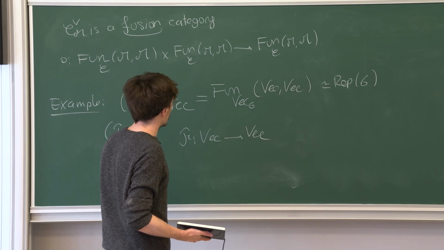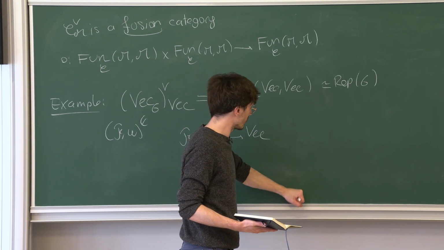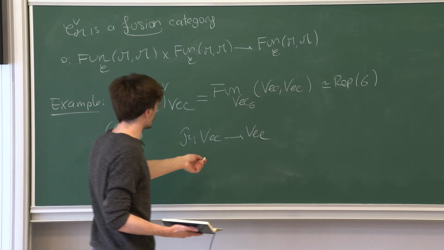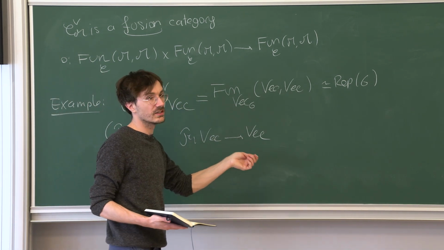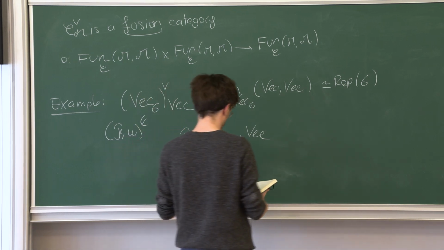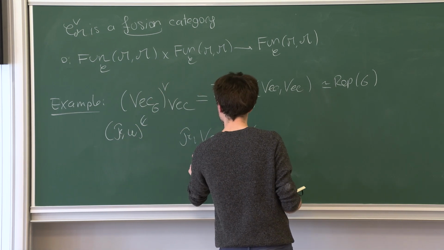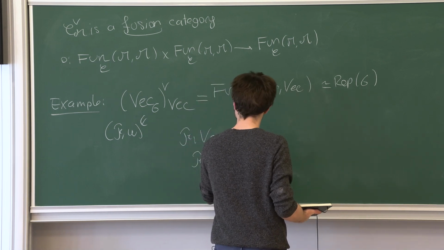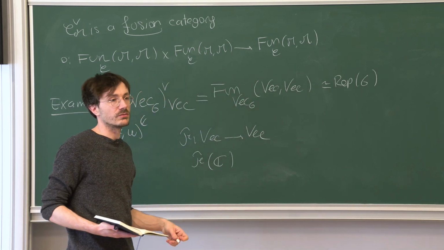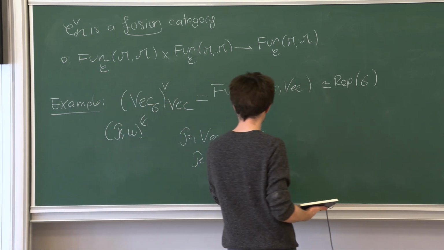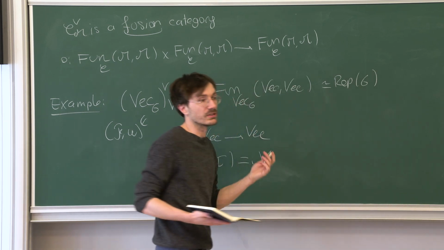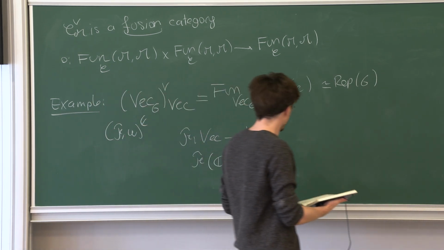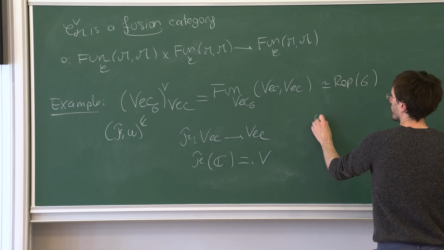In the same way as a map from complex number to complex number is just a complex number, here the map from the category of vector spaces to vector spaces is just going to be given by a vector space as well, in the sense that this map is fully specified by the way it acts on the one-dimensional vector space, and this is some vector space. I don't know what it is. I call this vector space V, and then my map ω.